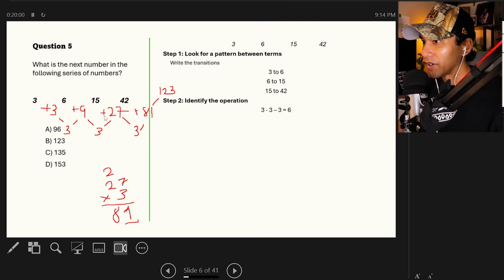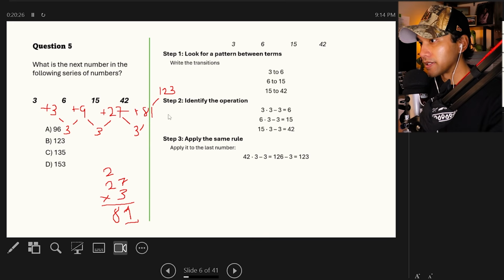So I guess both of them could work. 6 times 3 minus 3 equals 15, and that makes sense. So that's the operation. Apply the same rule, so it would be 42 times 3 equals 126, minus 3 equals 123.